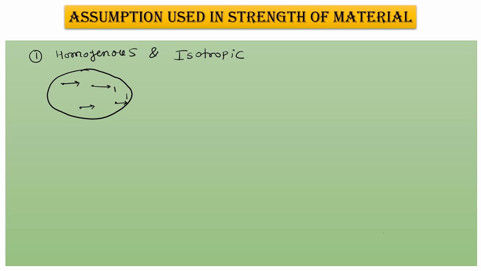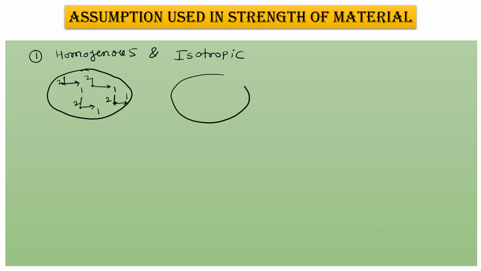Let's assume it as 1. And next, if we consider this direction as vertical, then the property for the vertical is the same. Means for 2 the property is the same. This is nothing but homogeneous.